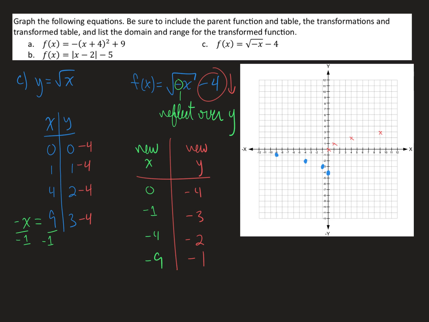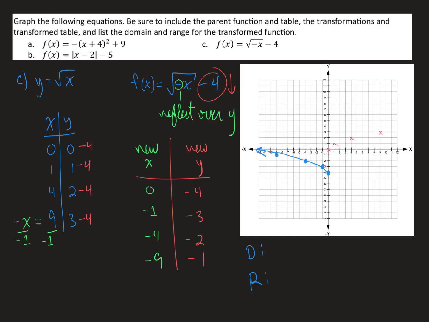And again, over here, you can see I put the parent x values like this, and here are the transformed points. So feel free to graph this in the way that makes the most sense there. I had to turn my iPad to graph that decently well, and even then it's not that great. So just do the best you can with graphing these. And now we can talk about the domain and range. So let's find the domain, let's find the range.